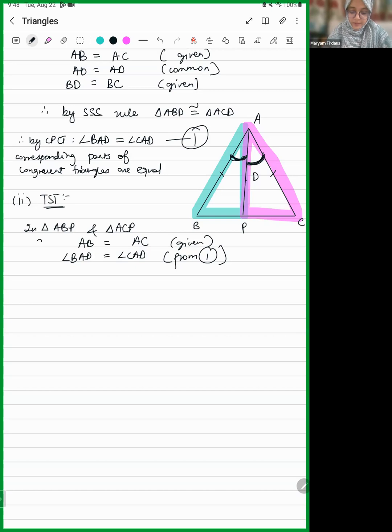So this is a side, this is an angle, and the other side is AP equal to AP, reason, common side. Can you tell me, Abdul Jabbar, which rule have we used here? Yes, very good. SAS rule. So by SAS rule, triangle ABP is congruent to triangle ACP.